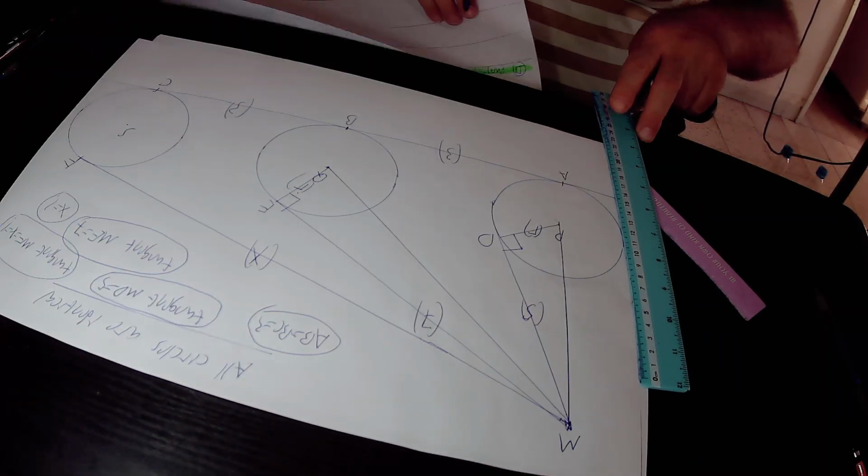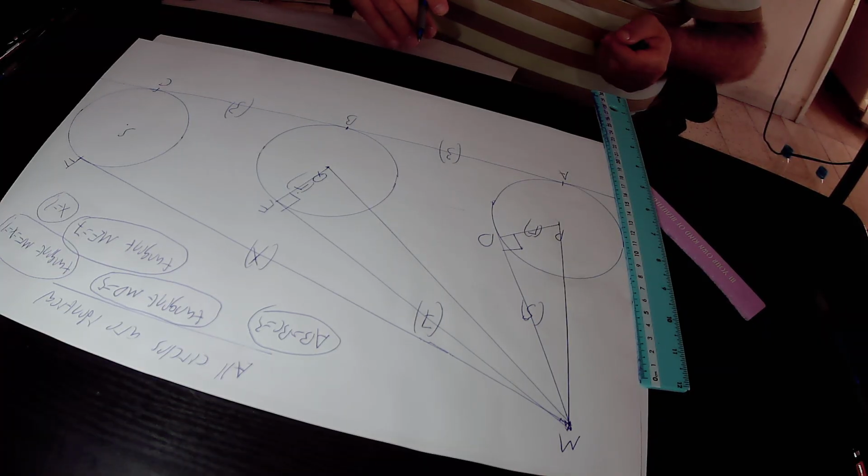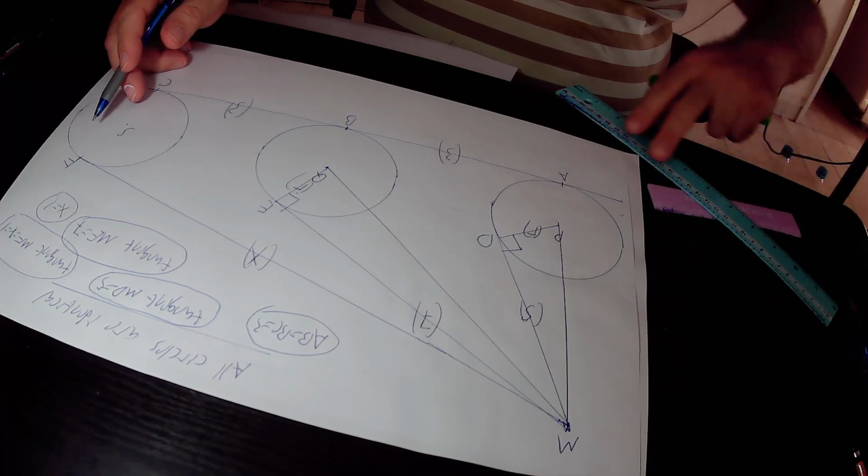And finally, we repeat the same process on this right circle. That is to say, we join points S and F together by a straight line.